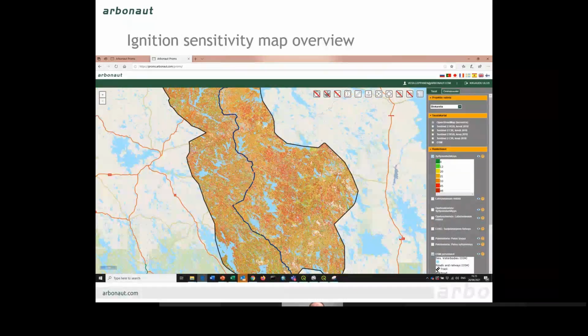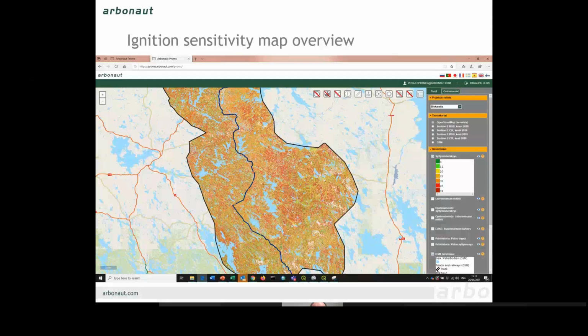So let's look at the ignition sensitivity over the border. We can see that there are areas, for example here on the Russian side, where you have pretty lots of harvesting. You can see these areas are more red, and here you can see some individual areas showing high sensitivity for ignition.